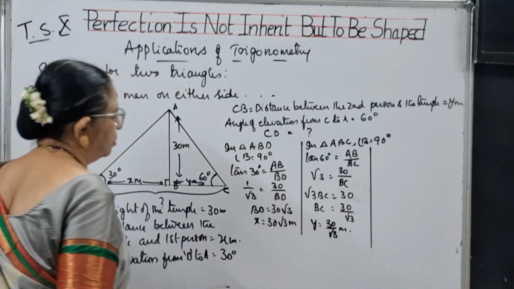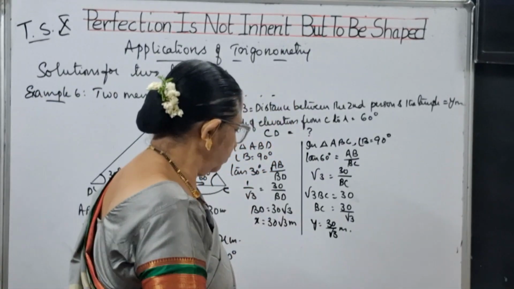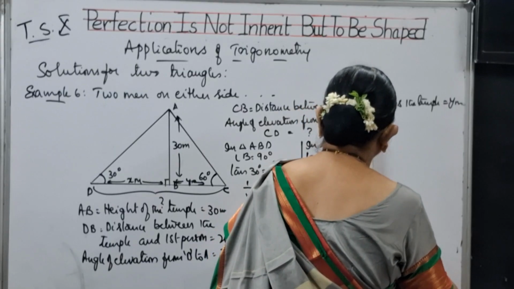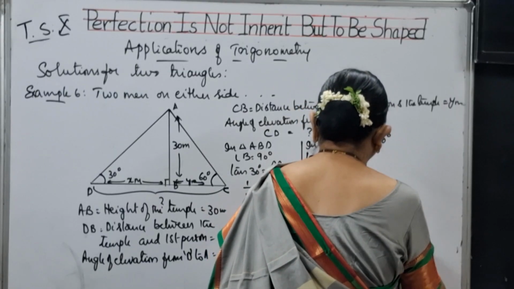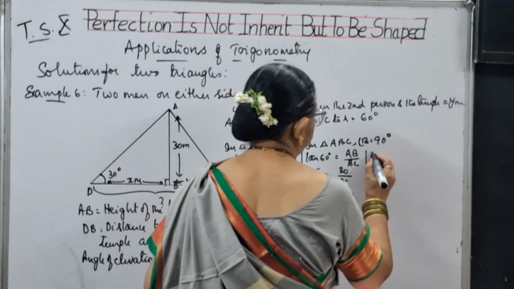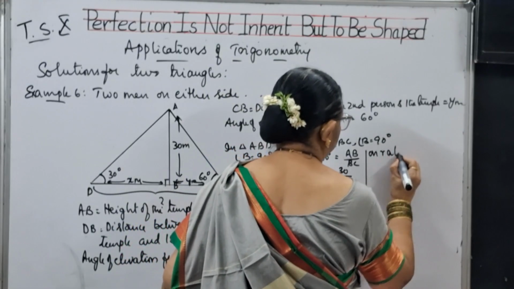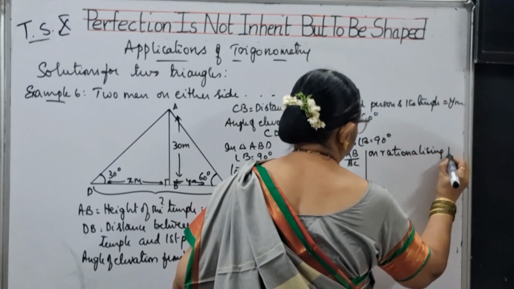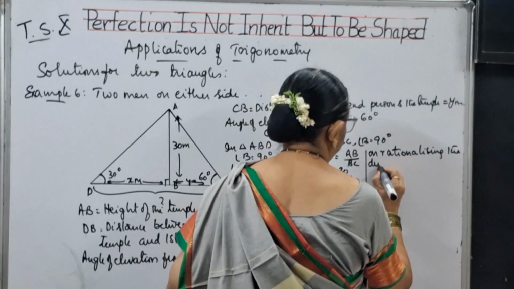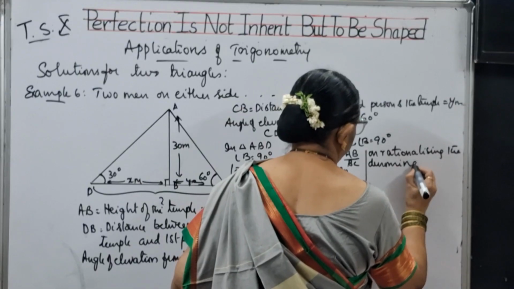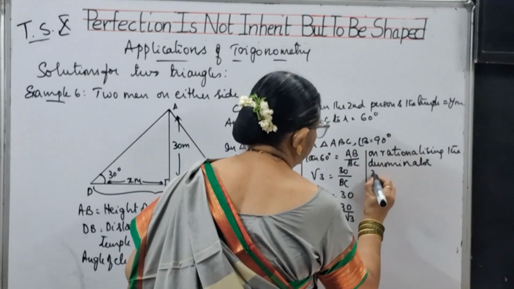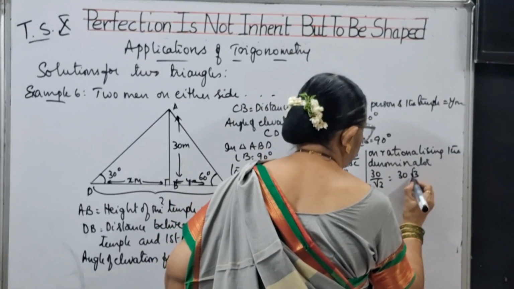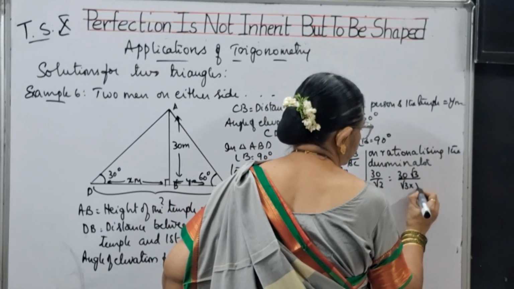Now we will do one thing, children. We will rationalize the denominator. On rationalizing the denominator, what are you getting? 30 by root 3 becomes 30 root 3 by root 3 into root 3.